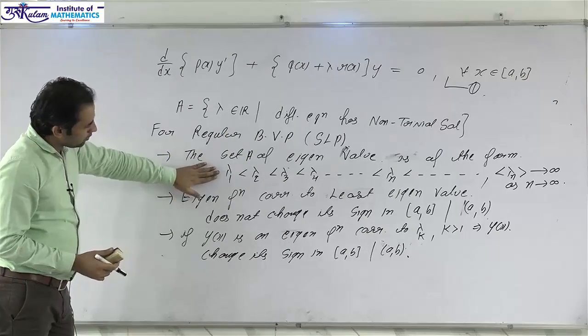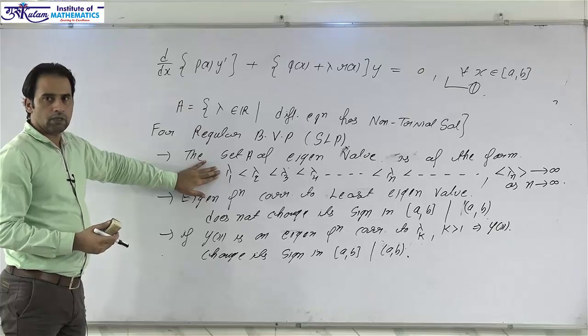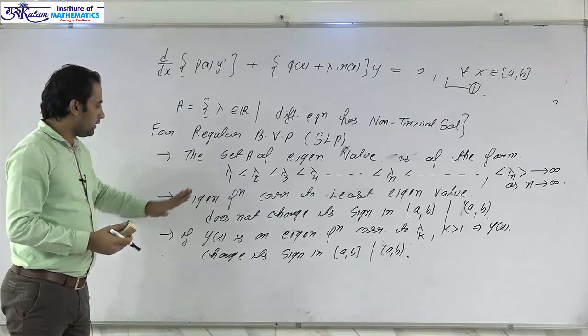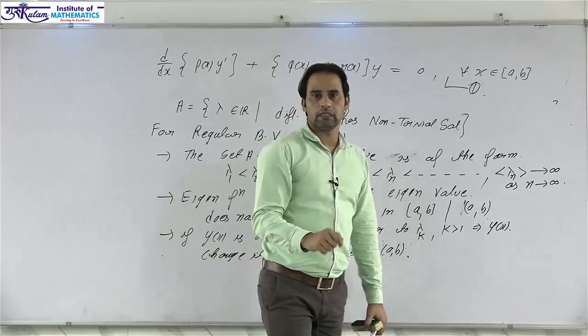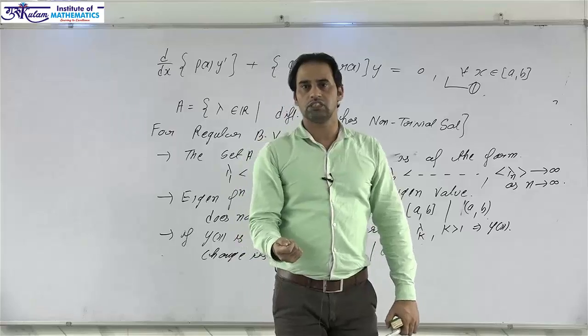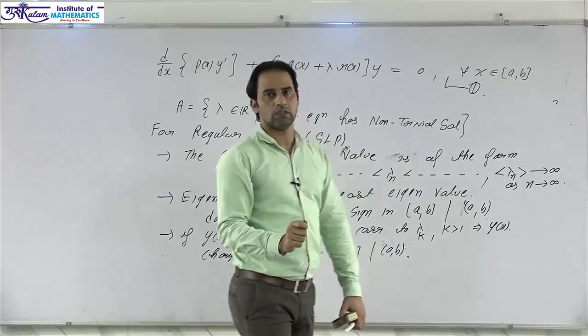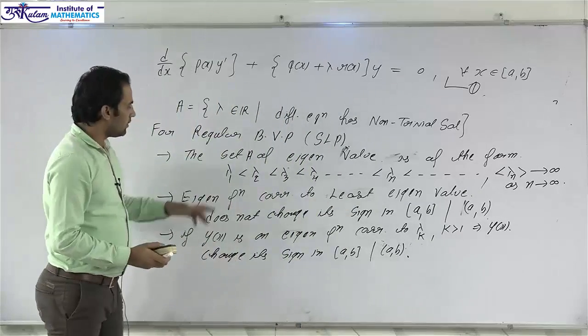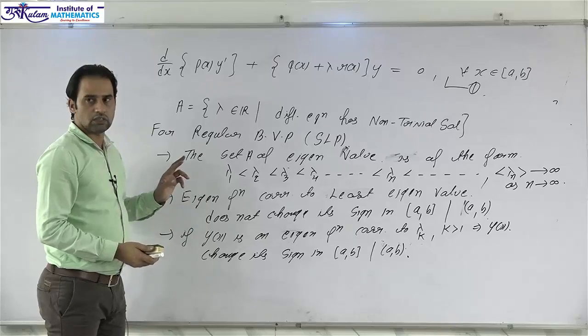Since the eigenfunction corresponding to the least eigenvalue does not change its sign, if lambda equal to 0 is an eigenvalue and the corresponding eigenfunction does not change its sign, then there does not exist any negative eigenvalue. Since only the least eigenvalue has an eigenfunction that does not change its sign.